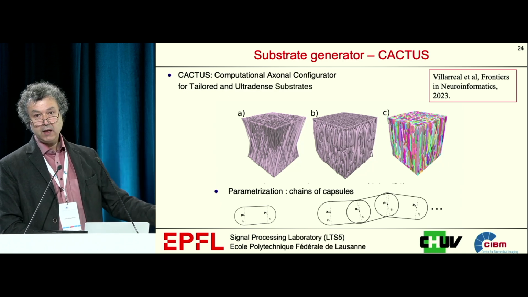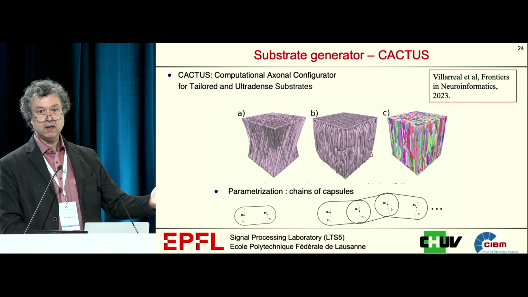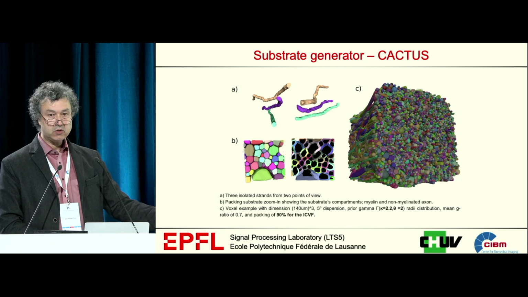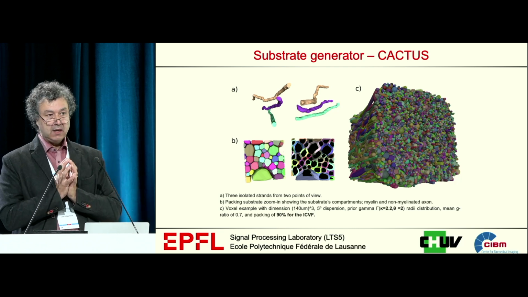And today, Cactus is probably the most advanced system in terms of generating realistic configurations for white matter, because it allows to generate, for instance, very high axon densities.